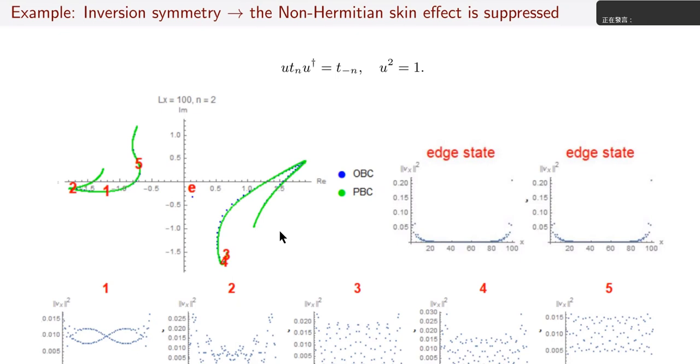So yeah, okay. So let me show a simple example. It's called the SSH model. Let's consider a one-dimensional lattice, which has two degrees of freedom on each site.